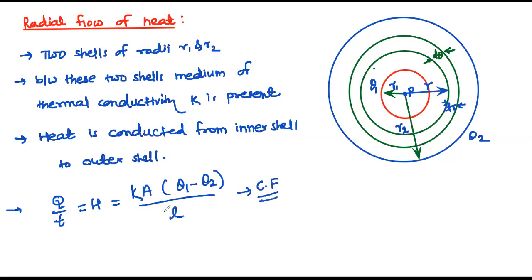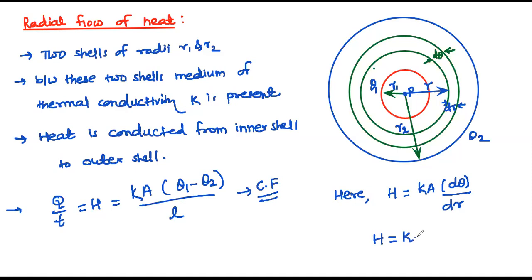CF means common formula. Here, can I write like this? H is equal to K into A into d theta by dr. What is d theta? Temperature difference. What is dr? That width. Now, here A is what? Area of this shell, surface area. So can I substitute like this?